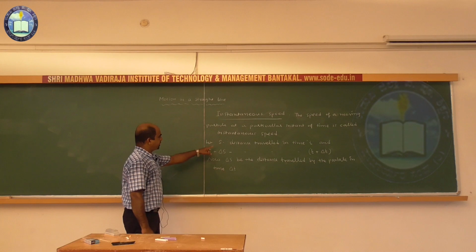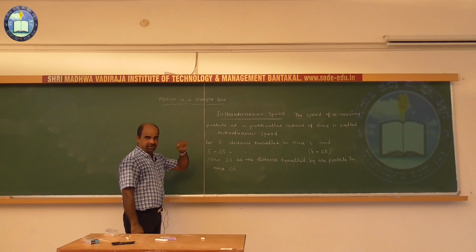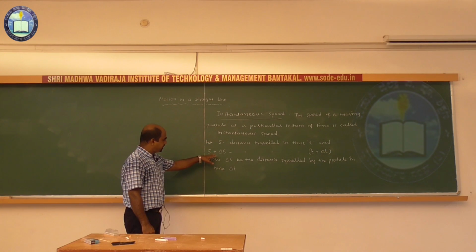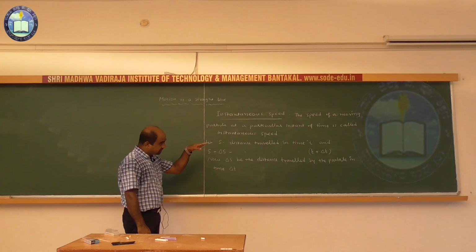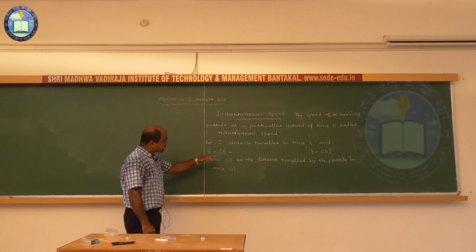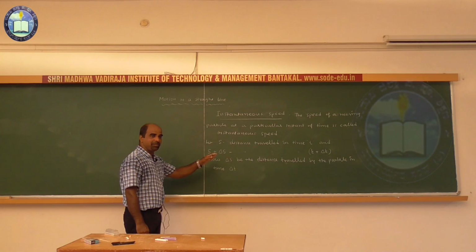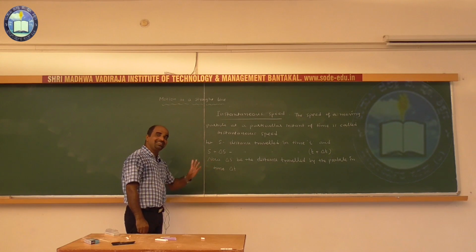If S is the distance traveled in time t, then S plus delta S is the distance traveled in time t plus delta t. So delta S becomes the distance traveled by the particle in time delta t.